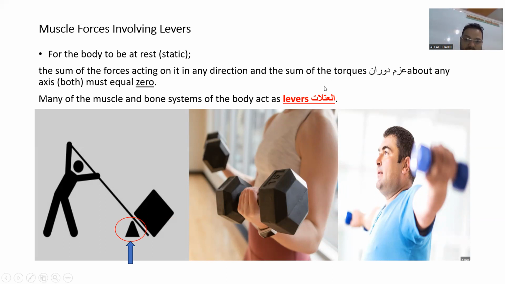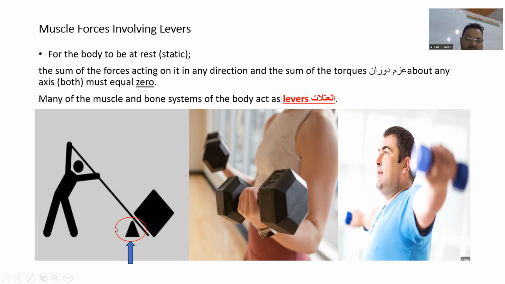It's important. In the next slides, we will try to illustrate the connection between levers and our lives, the connection between these few pictures and how our muscles work.